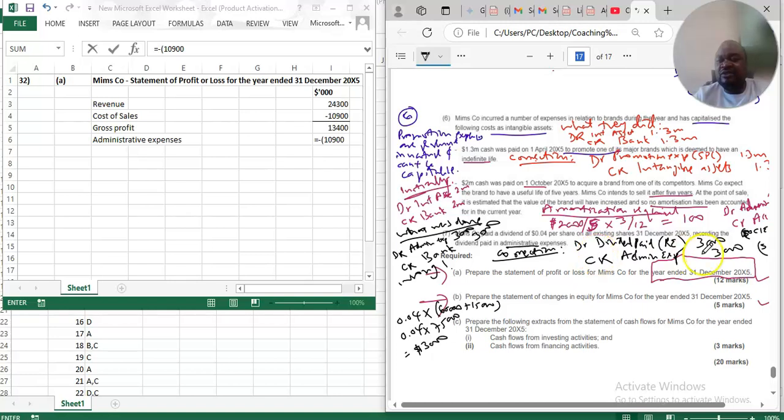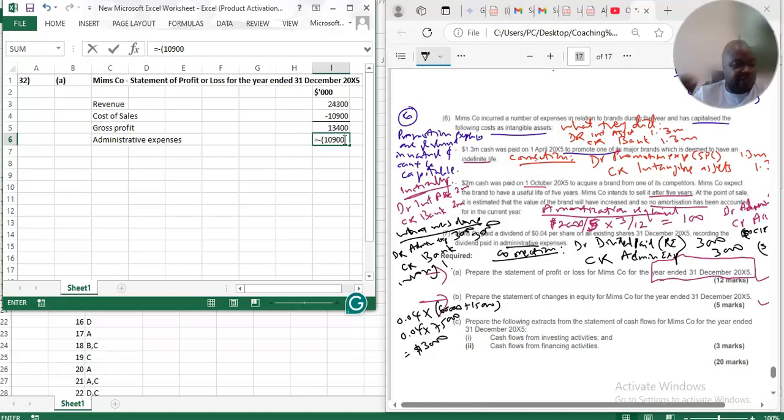The note number 7 talks of the dividend paid. Initially they were treated as admin expenses when that was wrong. So we need to remove them from the admin expenses. So what do we do? Do we add to the admin expenses, or do we subtract them? The idea is we need to subtract them, isn't it?